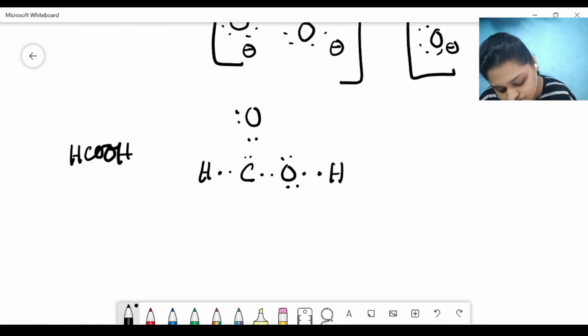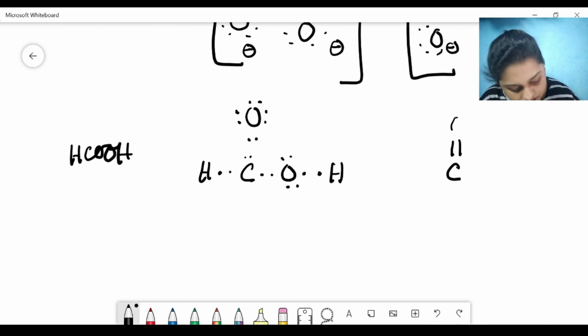Thus this Lewis dot structure will have a double bond between oxygen and carbon, with the oxygen having lone pairs.